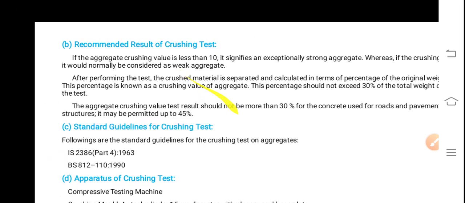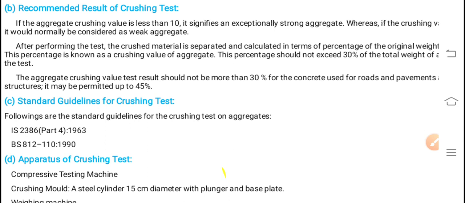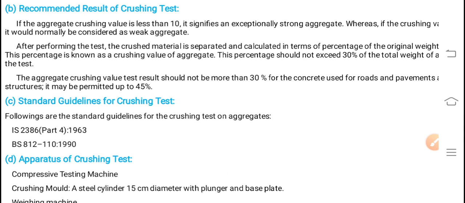So recommended grades etc. are being given here. We will explain all these in detail along with the equipments during practicals.